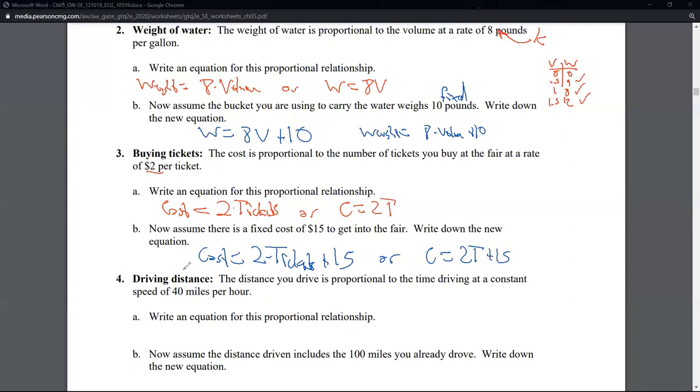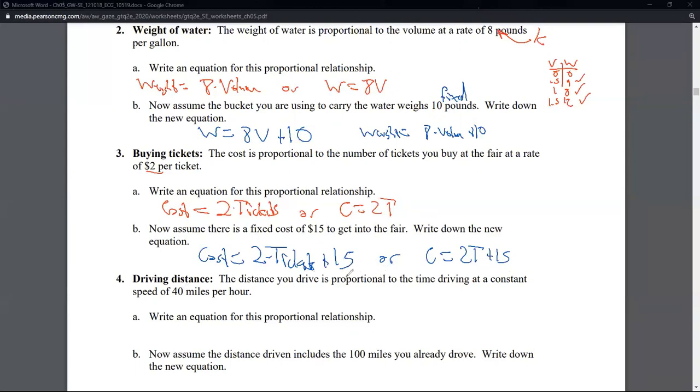All right. Finally, that driving distance. So the distance you drive is proportional to the time driving at a constant speed of 40 miles per hour. Now, honestly, you don't have to be told everything so blatantly mathematically.